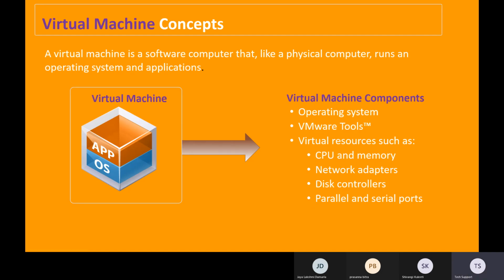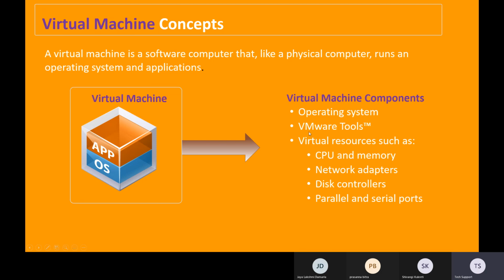Okay, virtual machine concepts. As I mentioned, a virtual machine is a software computer that, like a physical computer, runs an operating system and applications. In this diagram, on your virtual machine, we have the operating system. On top of the OS, we are running multiple applications. The virtual machine components also include the operating system and VMware Tools.